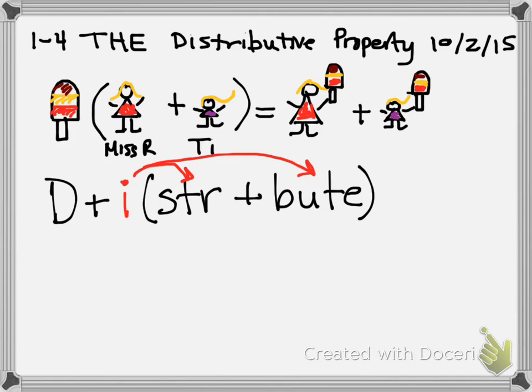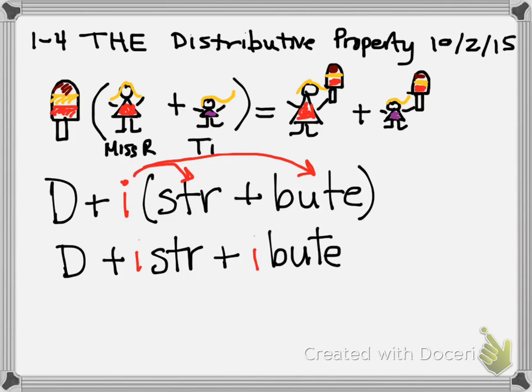Each of these bundles of letters is going to get that I. And what I end up getting is the word distribute.